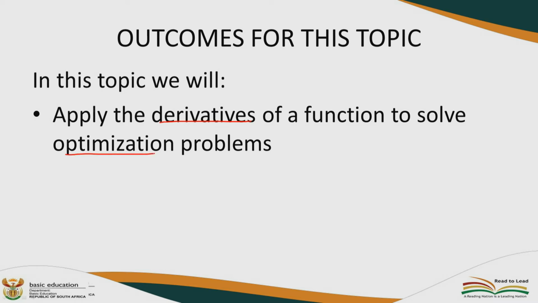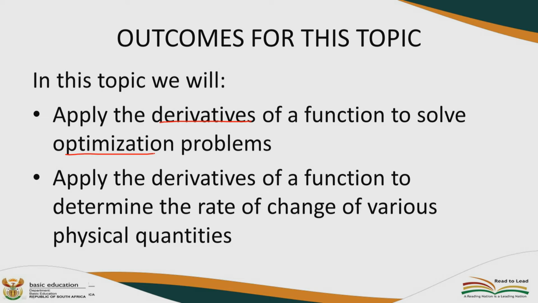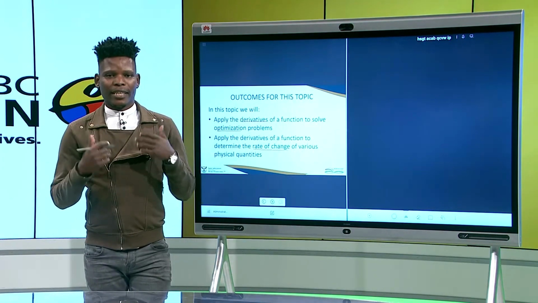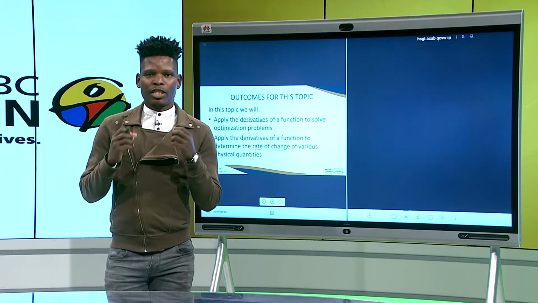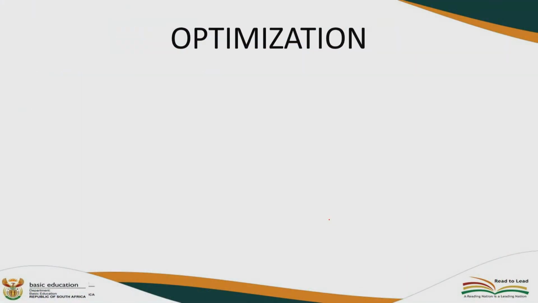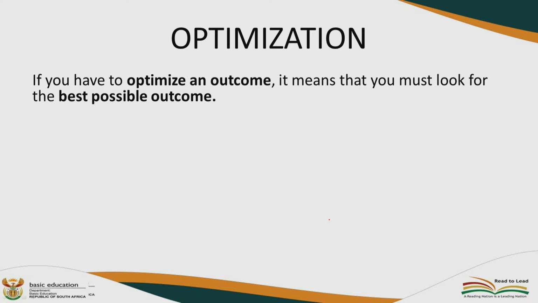At a later stage, we'll look at what optimization means, and then we'll also apply the derivative of a function to determine the rate of change of various physical quantities. Here we are going to interpret the derivative as a rate of change.